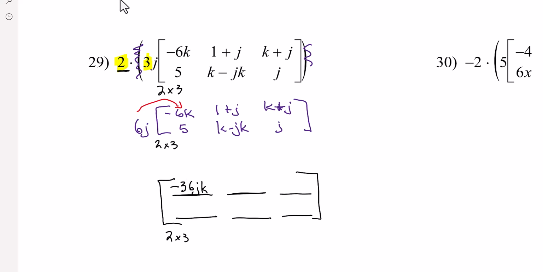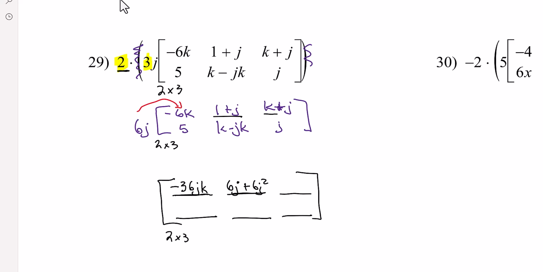All right, so you're going to do the same thing. This 6j times 1 plus j, do the distributive, so that's 6j times 1 is just 6j, and then 6j times j is 6j squared.